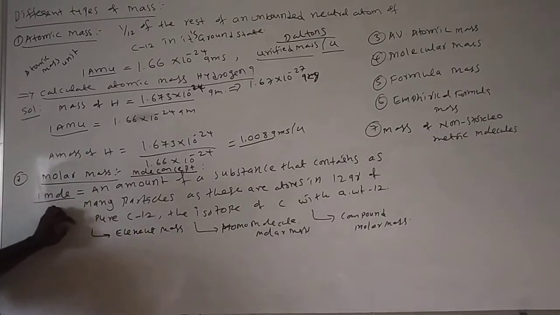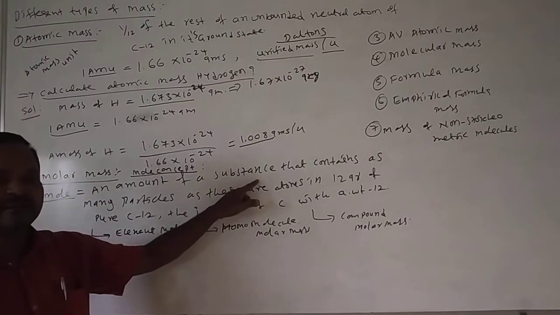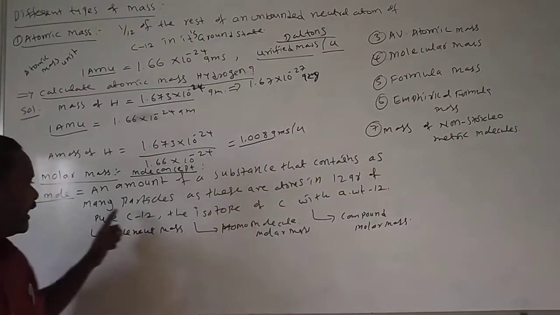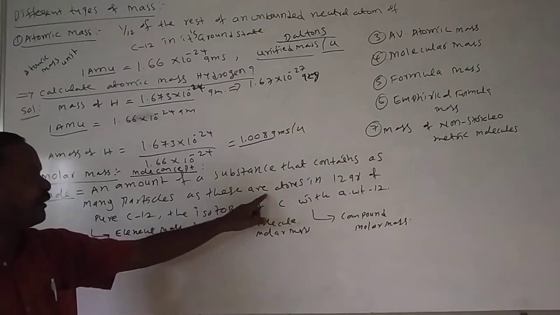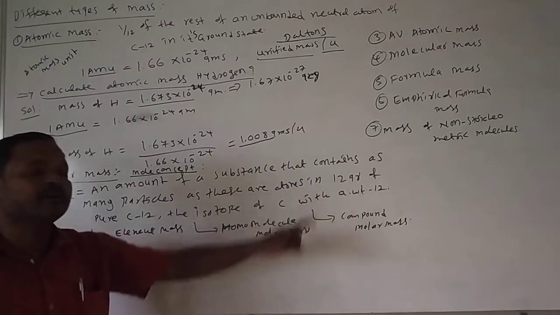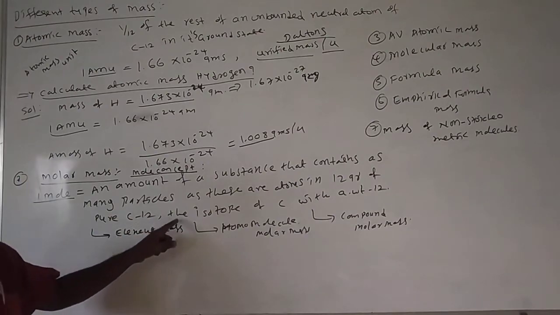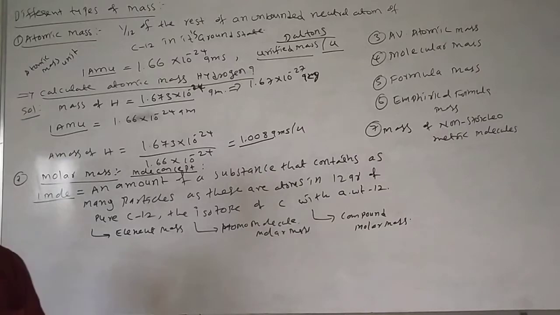What is the definition of 1 mole? An amount of a substance that contains as many particles as there are atoms in 12 grams of pure carbon-12, the isotope of carbon with atomic weight 12.